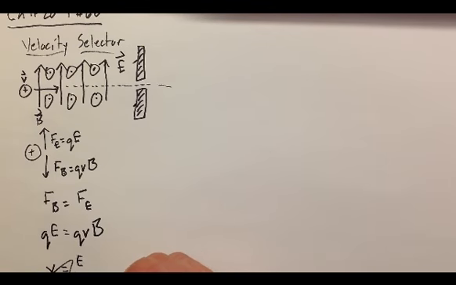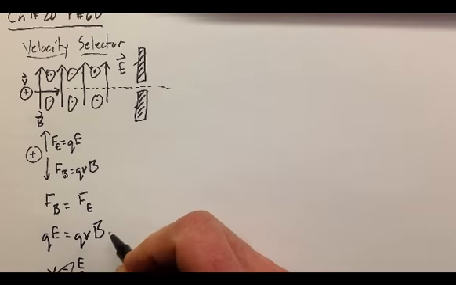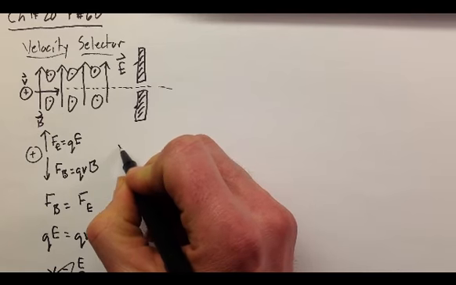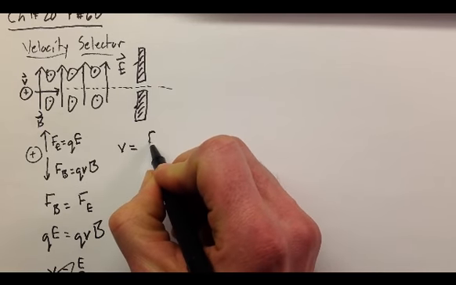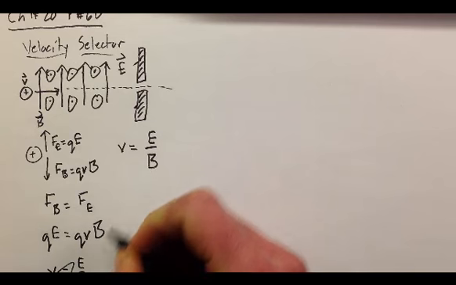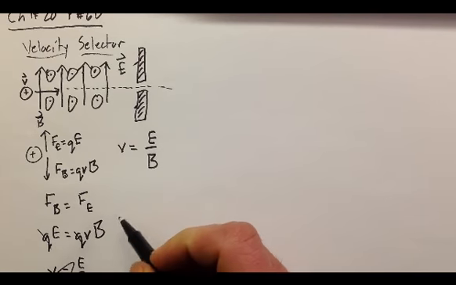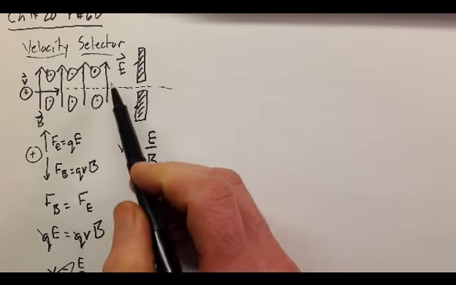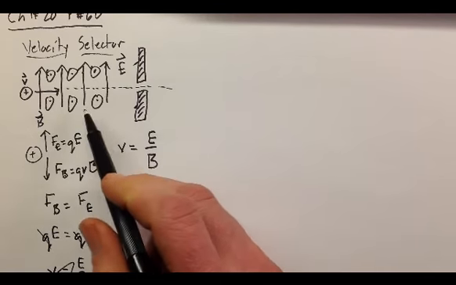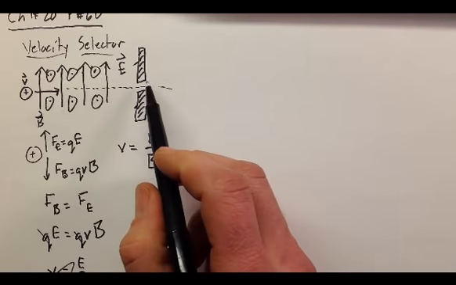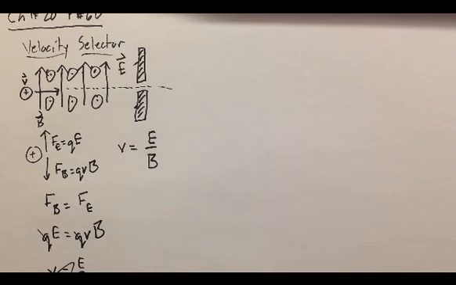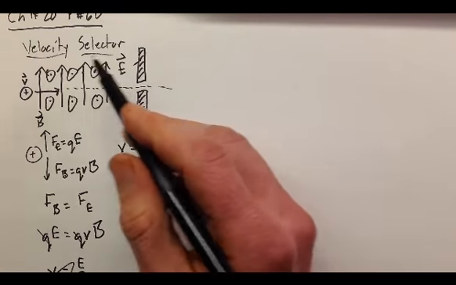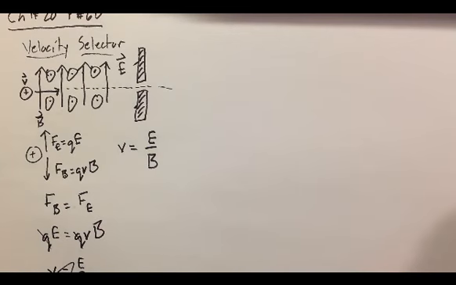The ratio would be V equal to E divided by B there, right? Because Q cancels out. So I can choose an electric field and a magnetic field such that I only get particles coming out of this opening that have a particular velocity I want. Hence the velocity selector idea.